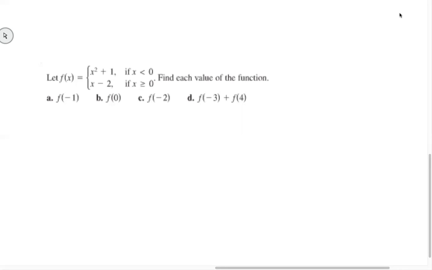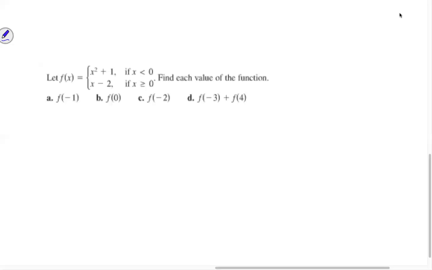In f of x here, it behaves one way when x is less than 0, in other words, when x is negative. It follows x squared plus 1. After that, once it turns positive, it follows this. And that's all I'm saying, just pick and choose where it goes.